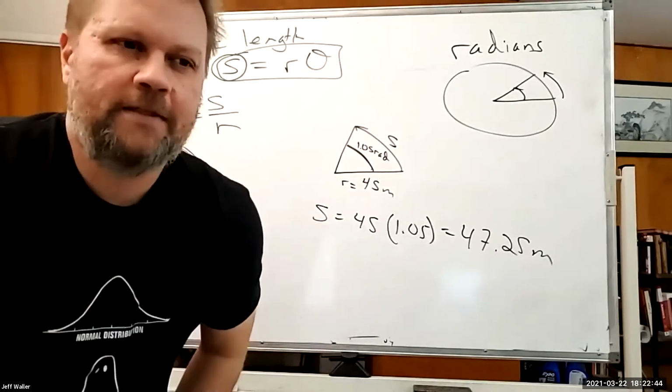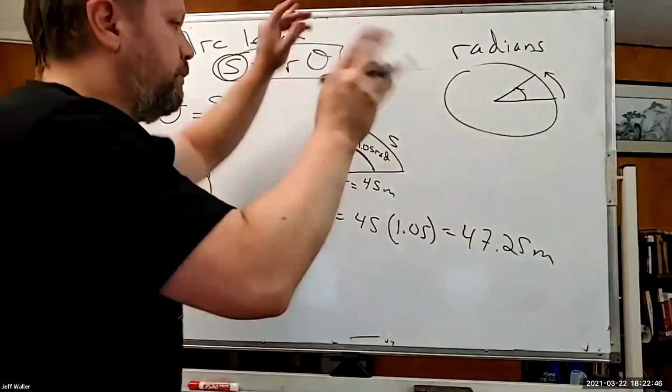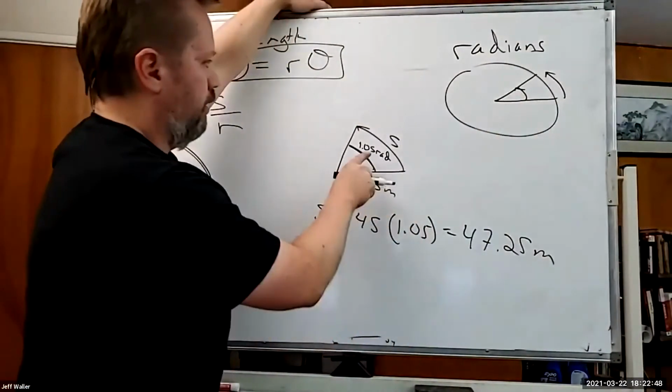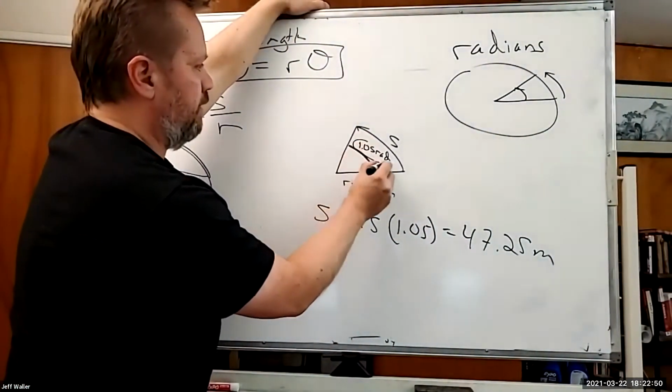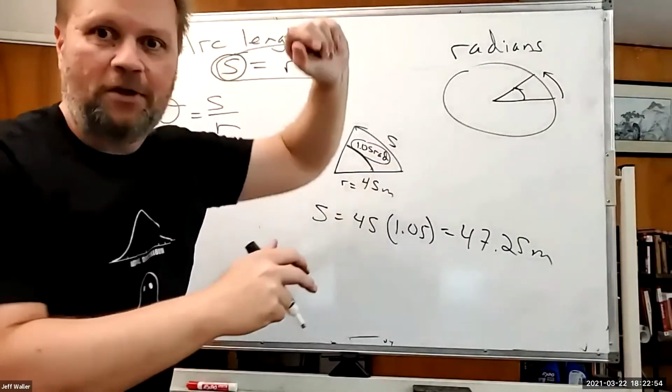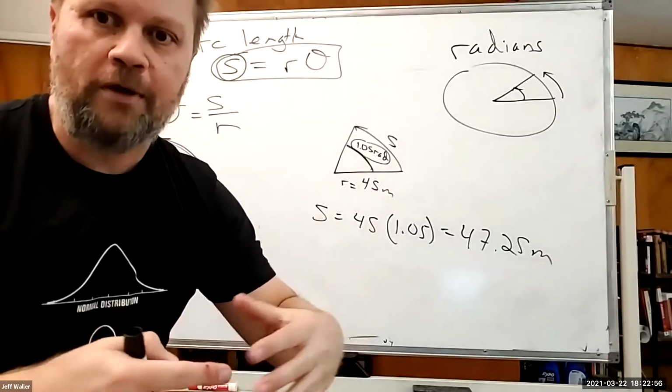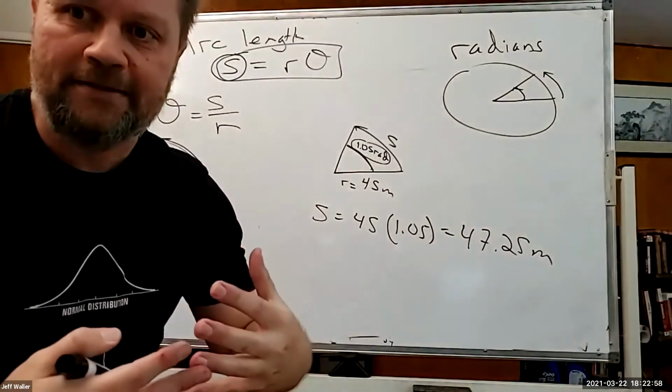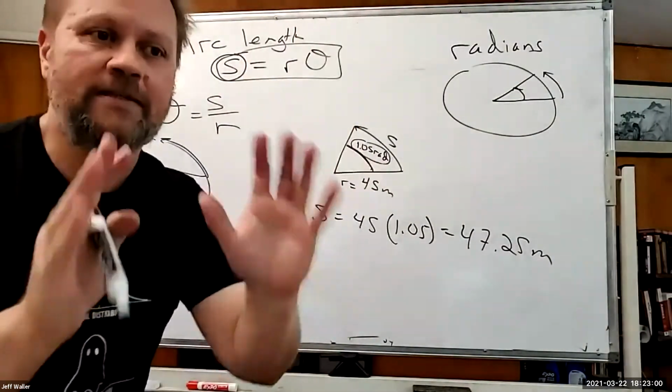Let me see. So, oh, that's perfect. So doesn't this mean that this is 1.05 radians? So wouldn't you replace radian with how long a radius is to see how far it goes? Let me say this again.